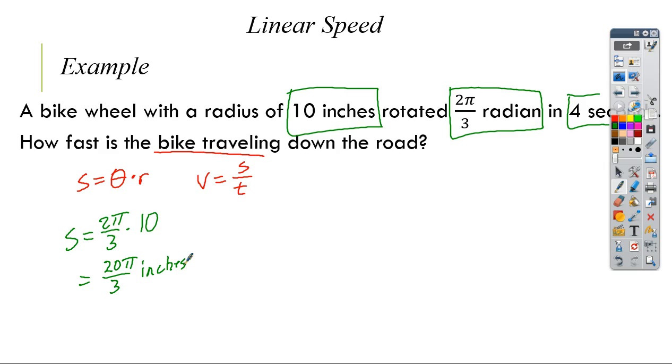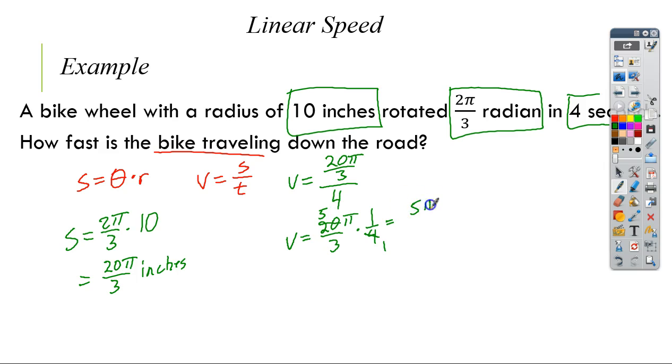Great. So then I come over to the velocity part. Now I know the time. So again, velocity is equal to 20 pi over 3 divided by time of 4. How do I do this? Well, it's the same thing as saying 20 pi over 3 times 1/4, which is equal to, well, I can simplify by saying 1/4 goes into that 5 times.